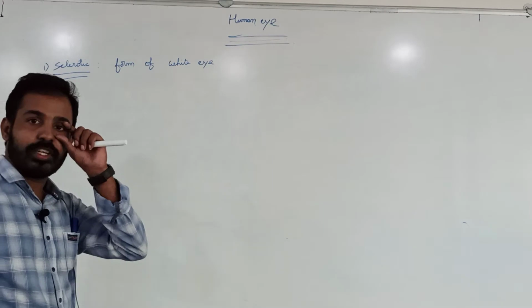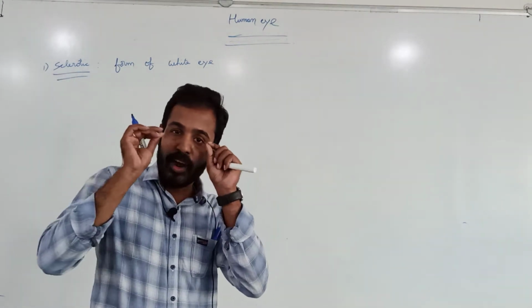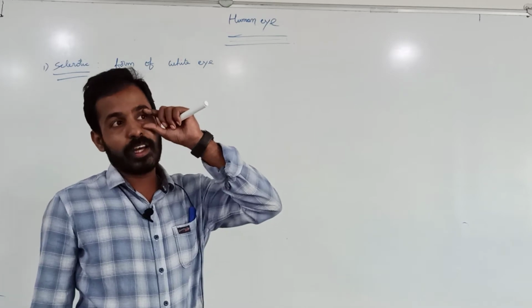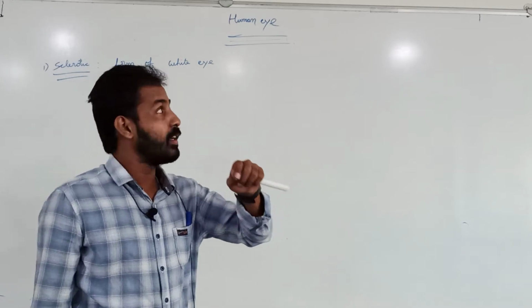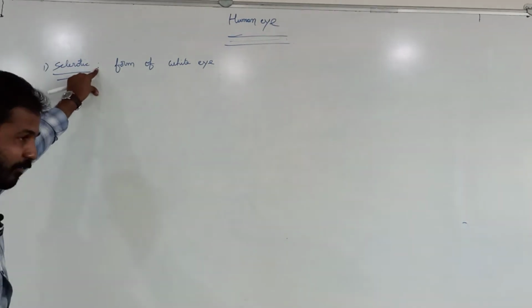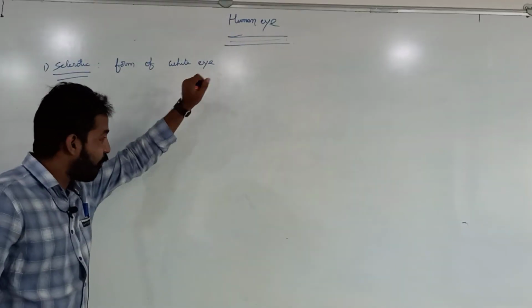For example, if you see my eye, it has three parts: one is the black part and the outer layer is the white part. That is the sclerotic, the thing responsible for the formation of the white eye.